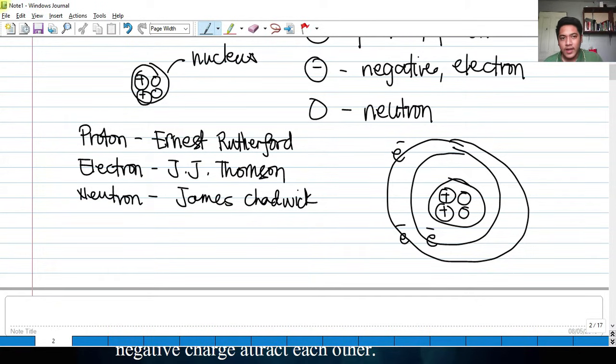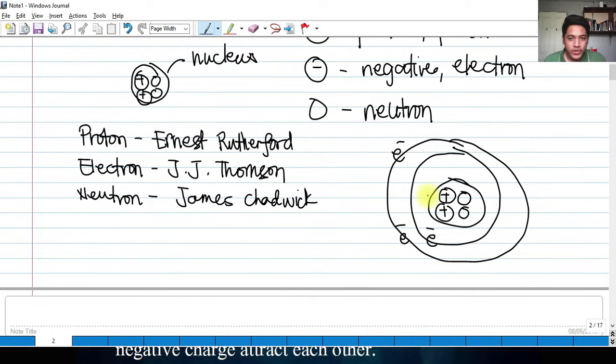So hence, again, electrons are the ones being transferred when we do the charging process. Not the proton and not the neutron. Why? Because again, they are bound inside the nucleus.